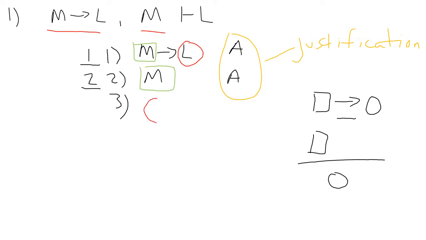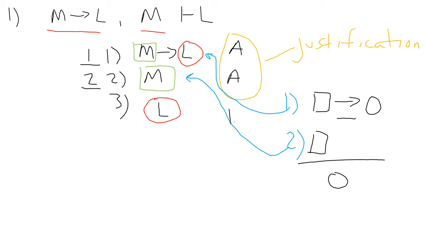And so I can go ahead and write what's here in the circle. And when we go to justify it here, we're going to look at where these two pieces come from. This piece comes from this first line. This second piece comes from this second line, so we will cite lines 1 and 2.